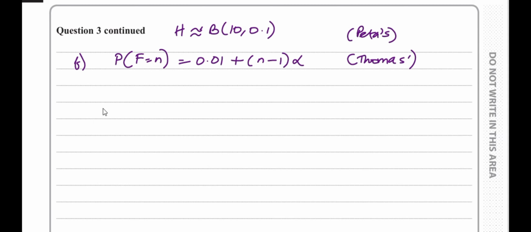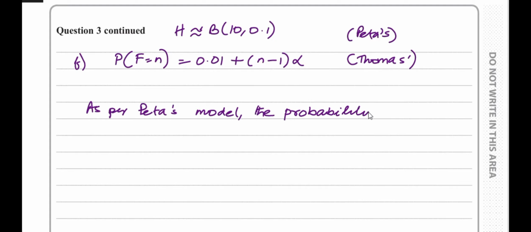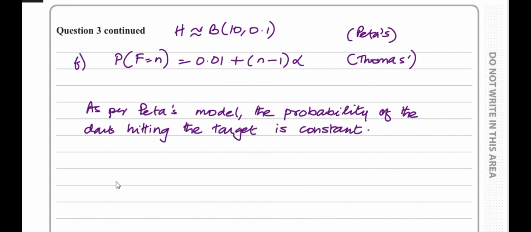So we could write in comparison, as per Peter's model, the probability of the dart hitting the target is constant, which means it doesn't change.